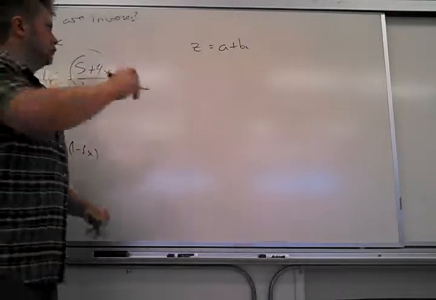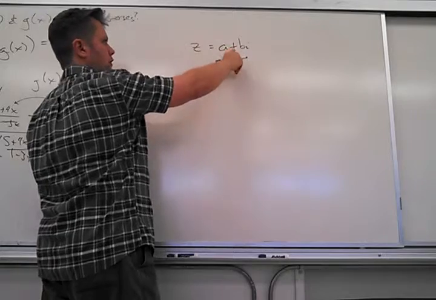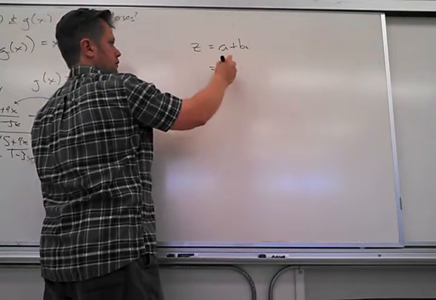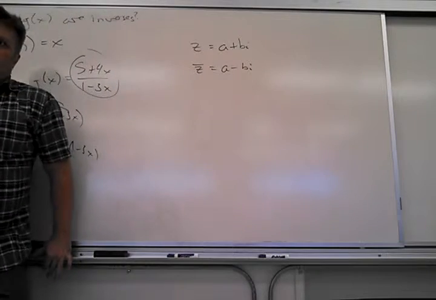You do z here, z there. And then the symbol for conjugate, what would this guy's conjugate be? A minus B. And that symbol is very often just z with a bar.